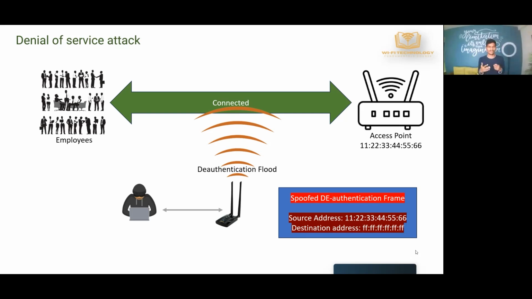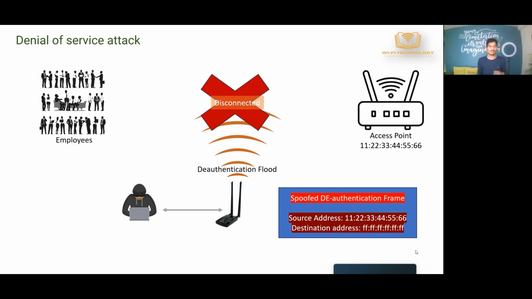So whoever is connected to this access point will be disconnected, because they think the access point is actually sending them a deauthentication frame. So you have seen how hackers perform these kinds of attacks using one small Python script of 10 lines of code and an Alpha adapter like this. Let me show you my setup.